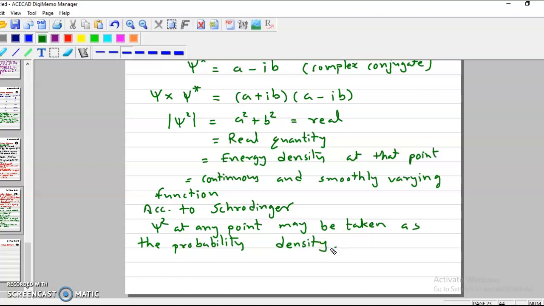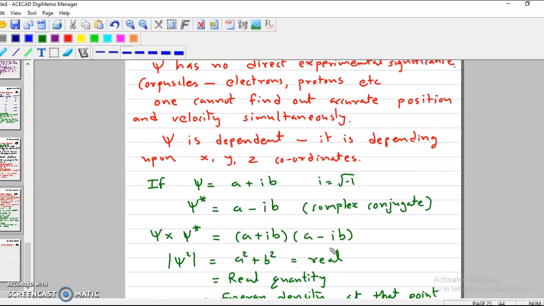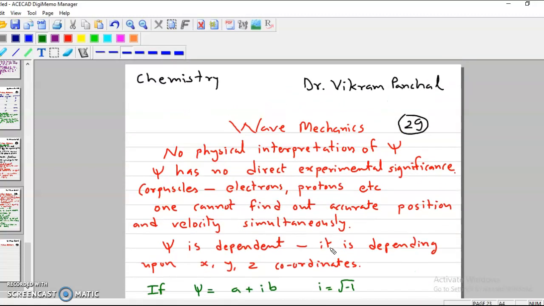So this way we can interpret psi square. So psi square is real, but psi is imaginary.